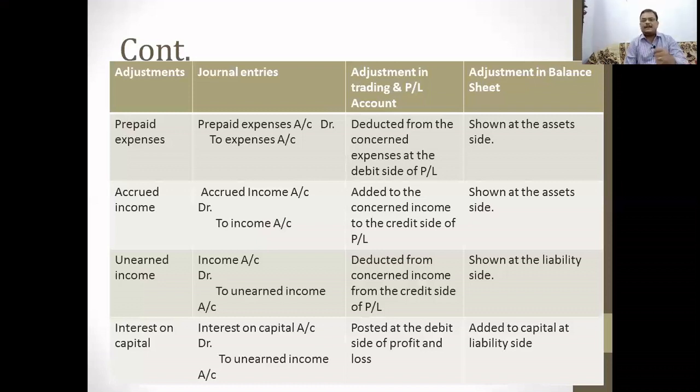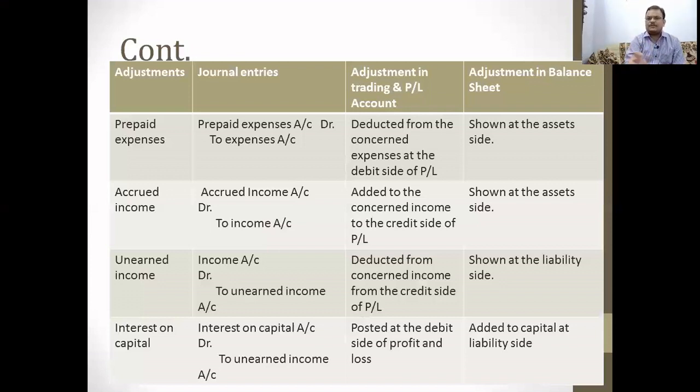So where the salary is shown at the debit side of profit and loss account, you have to minus prepaid salary from the total amount of salary, and the prepaid salary again shows at the asset side of balance sheet with the name of prepaid salary. Like there is a prepaid salary of rupees 500 and the total salary amount is rupees 5,000.